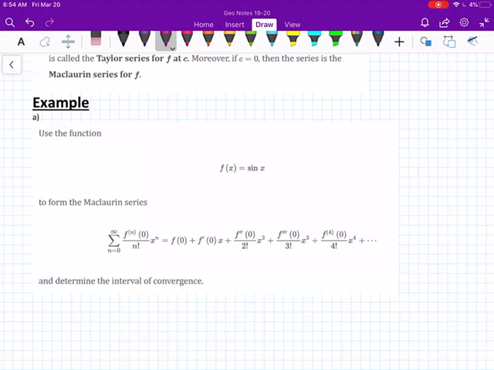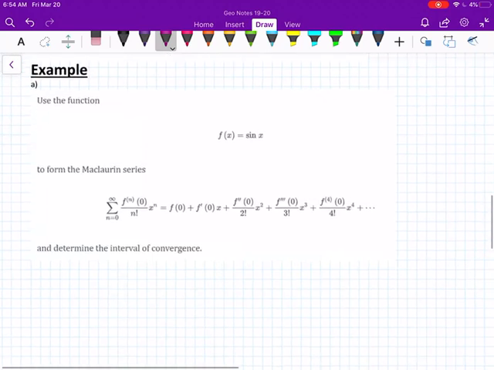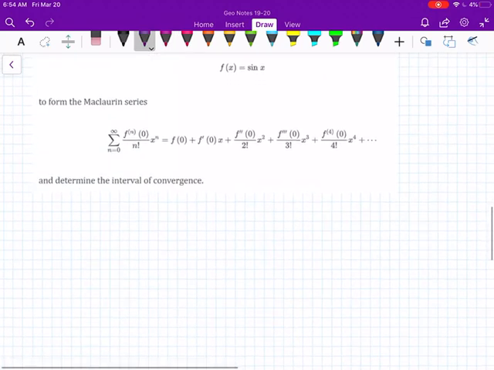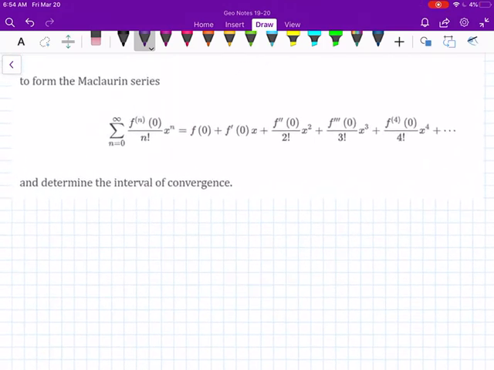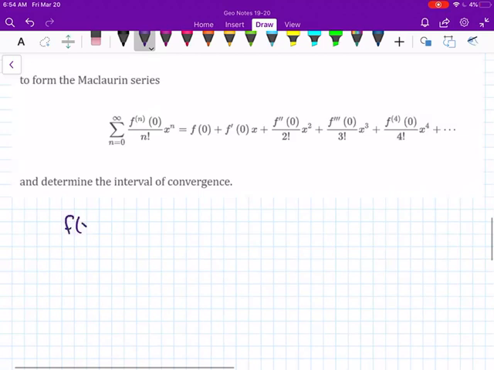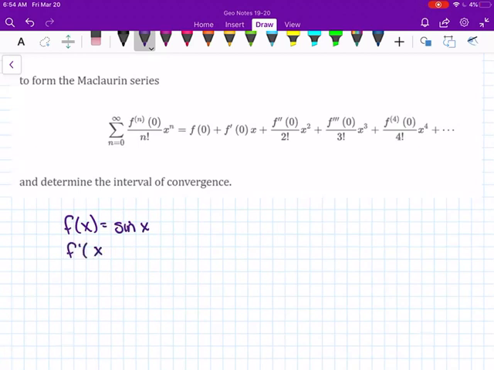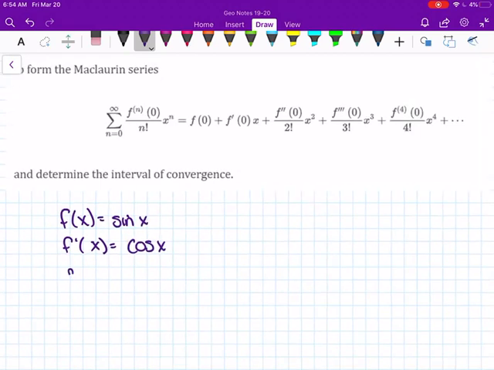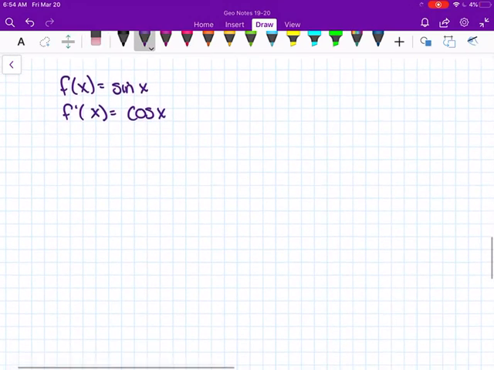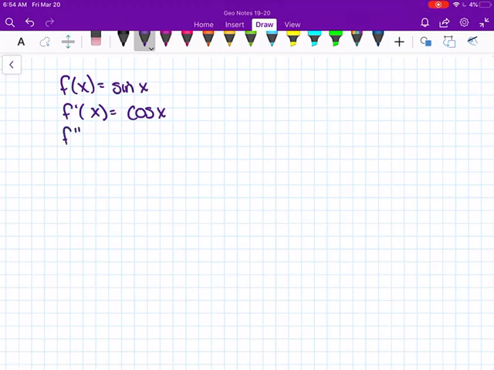Okay, so let's start like we always do, where we go ahead and take some derivatives. So my function is sine of x, and then the first derivative is cosine x. Second derivative is negative sine. I'm going to scroll up here so I have some more room.